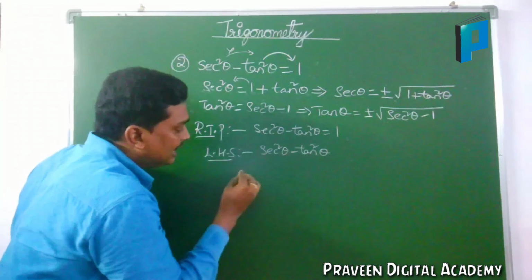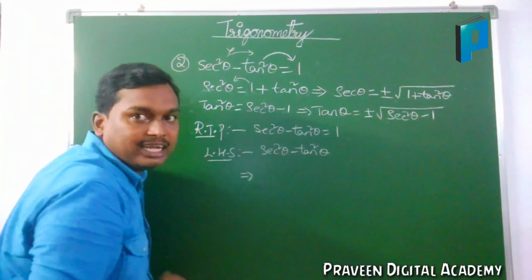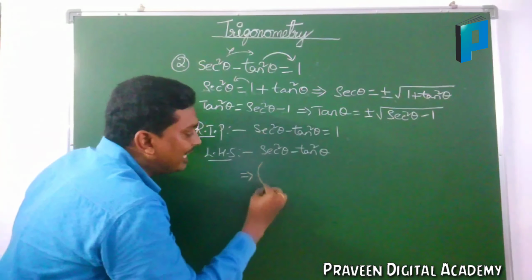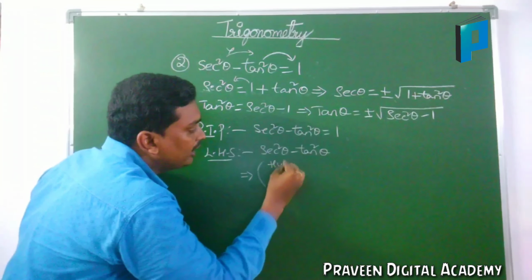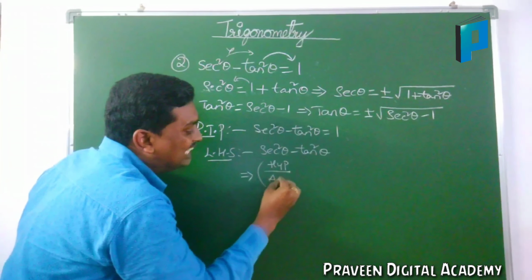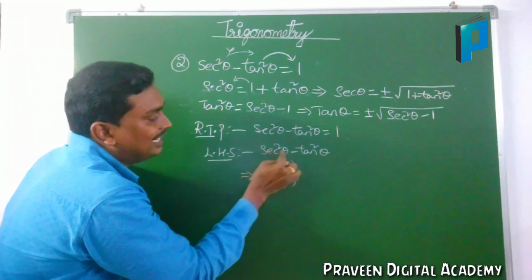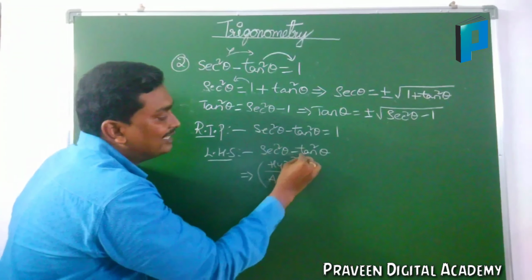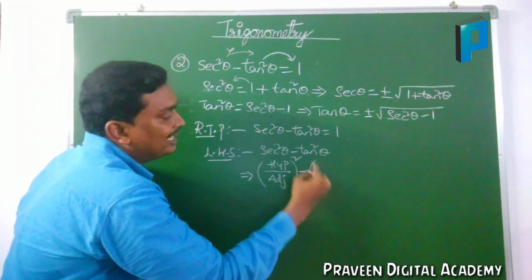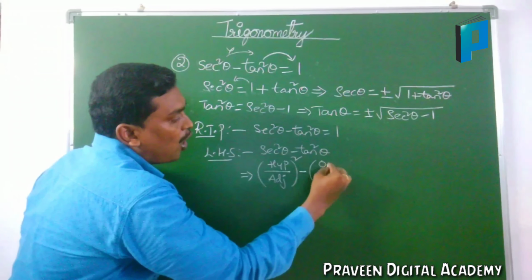What is meant by sec theta here? The formula for sec theta is hypotenuse by adjacent side, squared. Minus, what is tan theta?